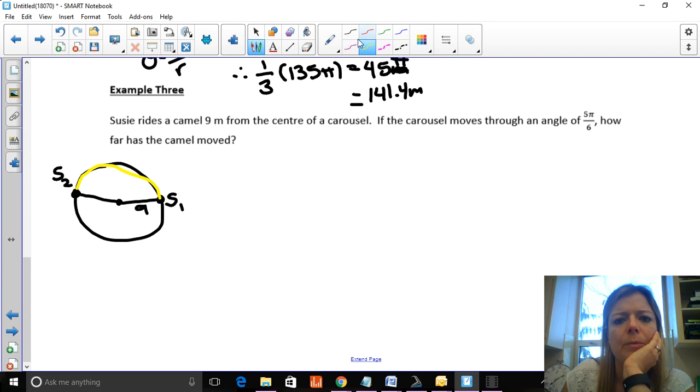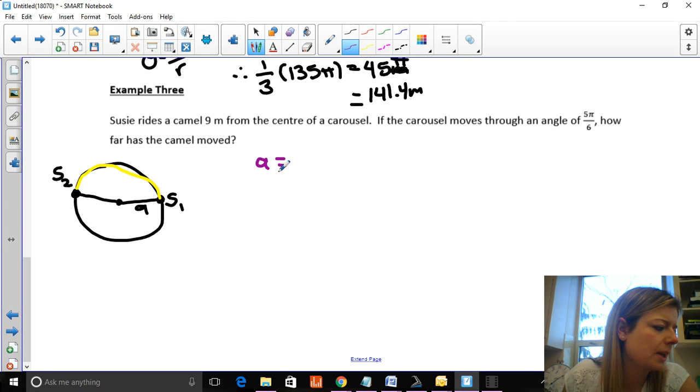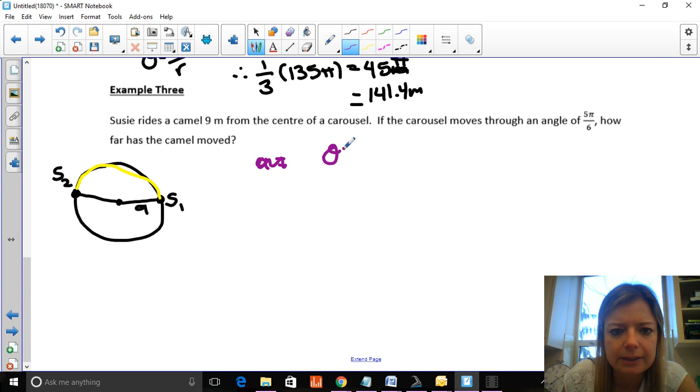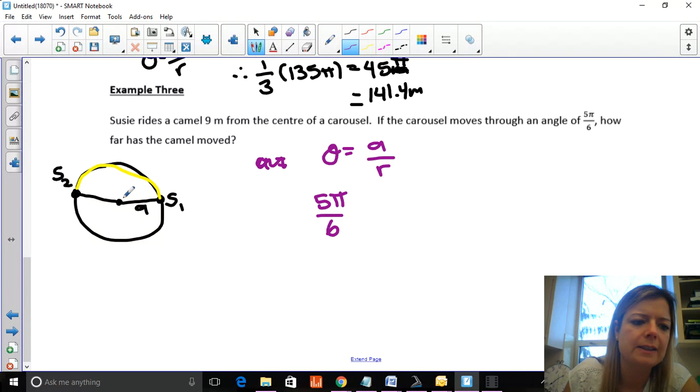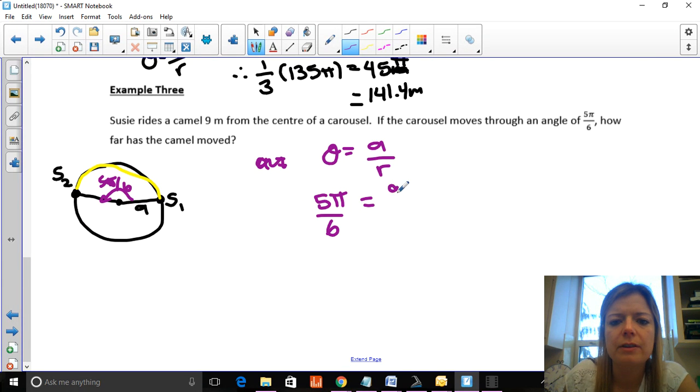Well, again, we can just use that theta is equal to arc length over radius. So we know that our theta is 5 pi over 6. Okay, she's gone through 5 pi over 6. And our arc length is what we're solving for, and I'll call it A, because our radius is 9.